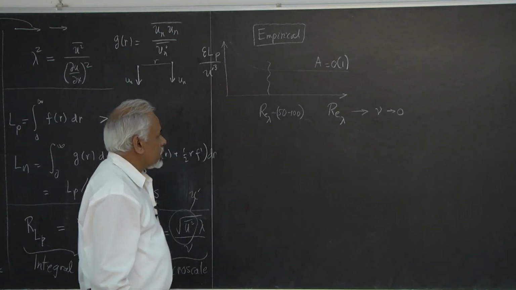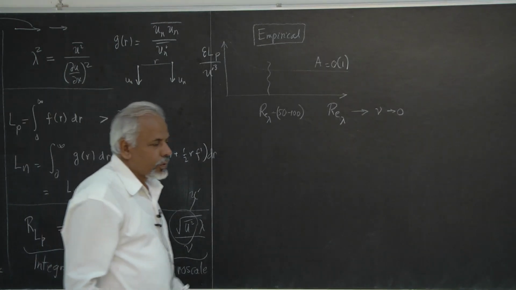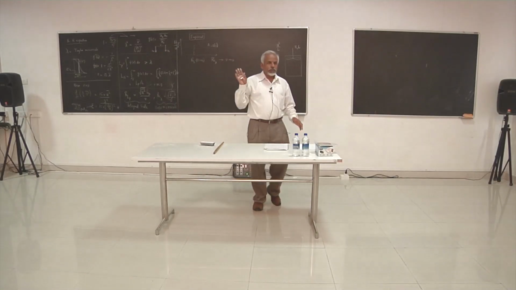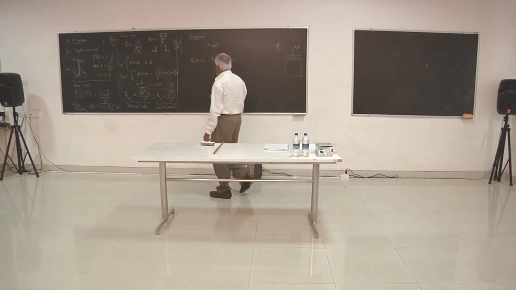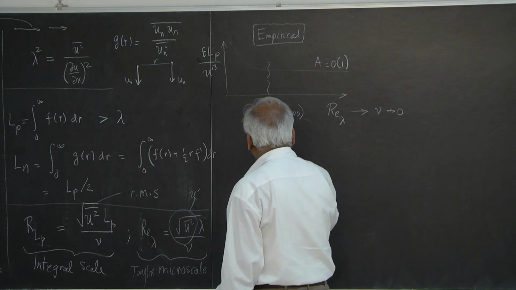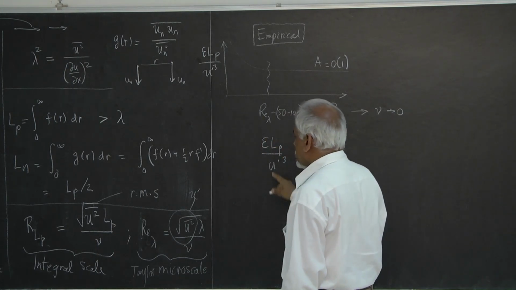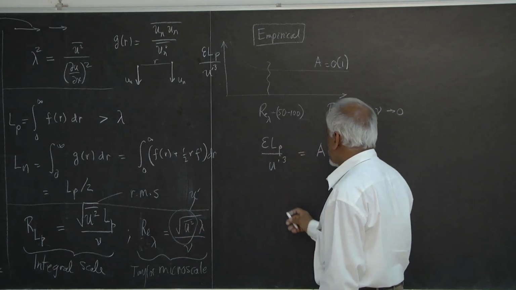But remember that something like this is nearly always true as long as you are far away from the walls. This observation holds. So we can say that epsilon LP over U prime cubed is a constant like that. Then you can relate the two of them. And how do we relate the two?